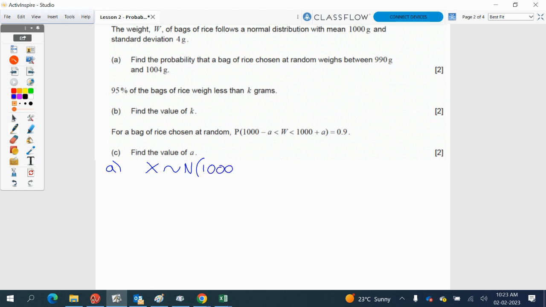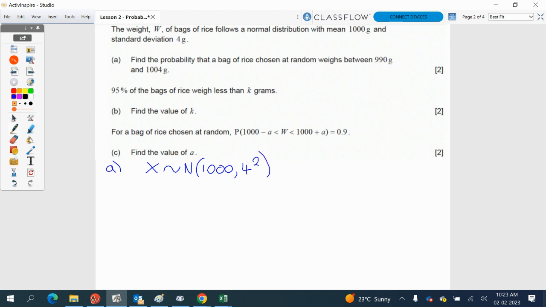Now, in the model, you always have to quote the variance, not the standard deviation. So, what is the variance? It's the standard deviation squared.